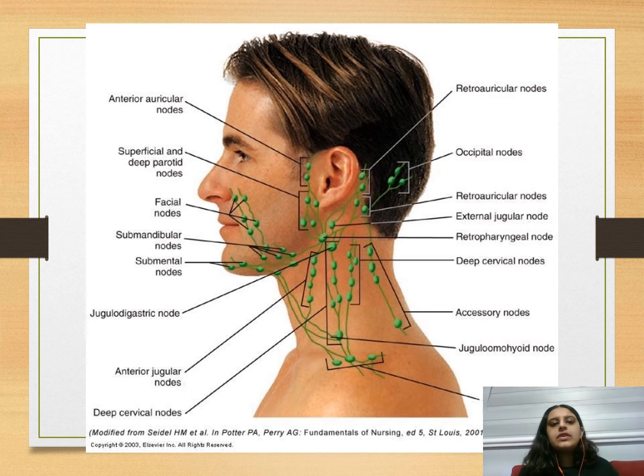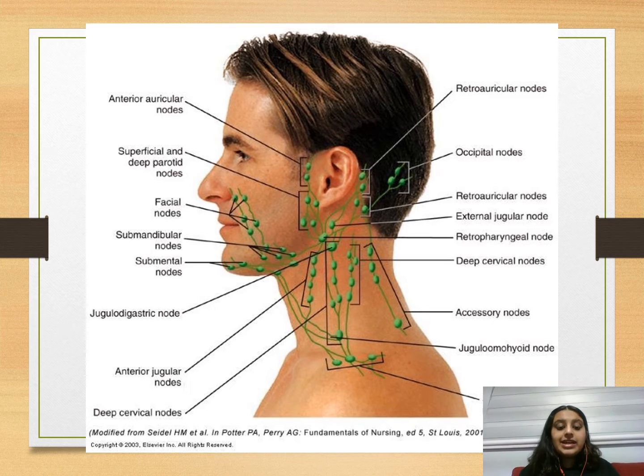Okay, so here is another photo that lays it out really nicely as well. Like I mentioned earlier, you can see the deep cervical nodes here, so I'll point it out with my pen. The deep cervical nodes right here tend to be near the SCM, the sternocleidomastoid muscle.